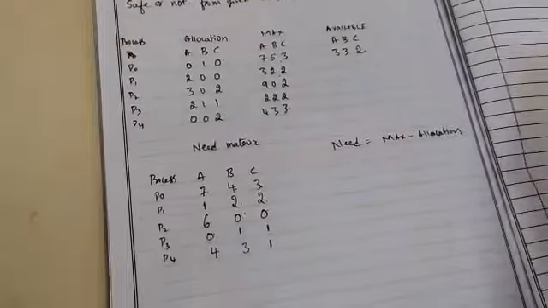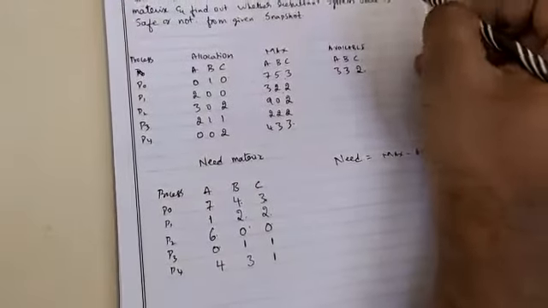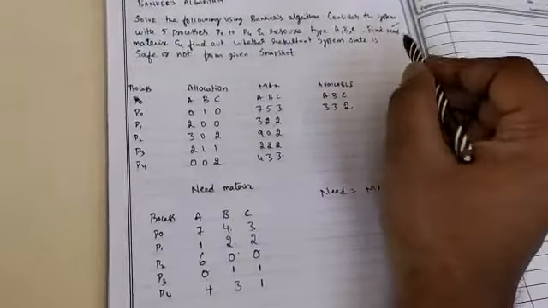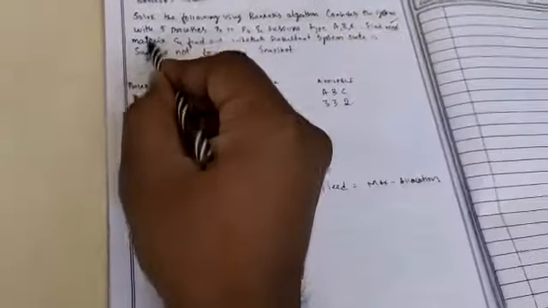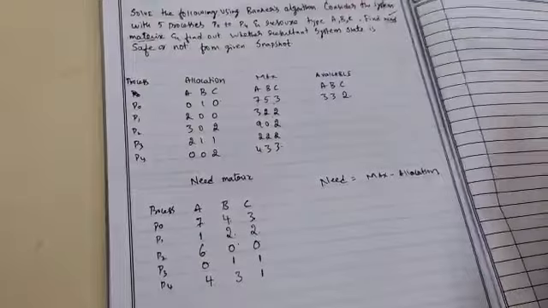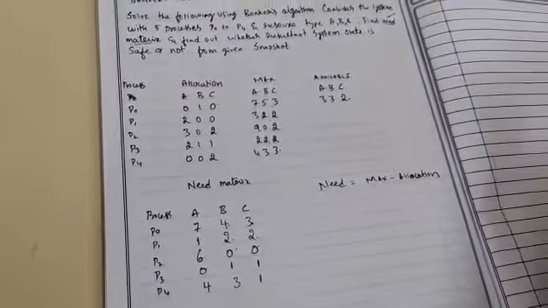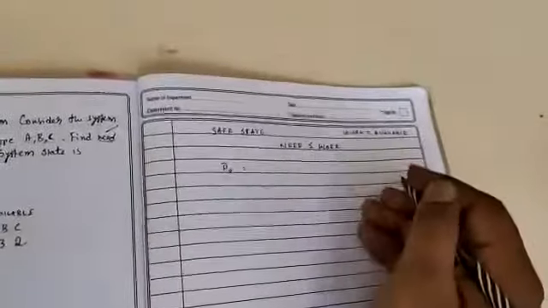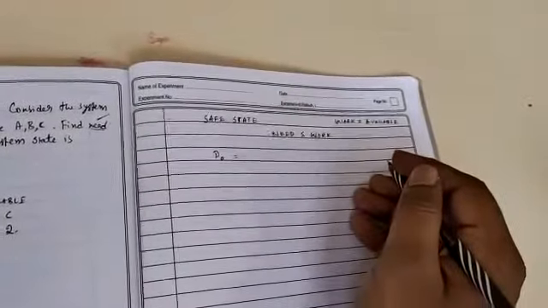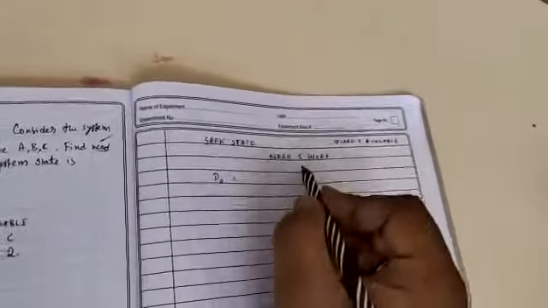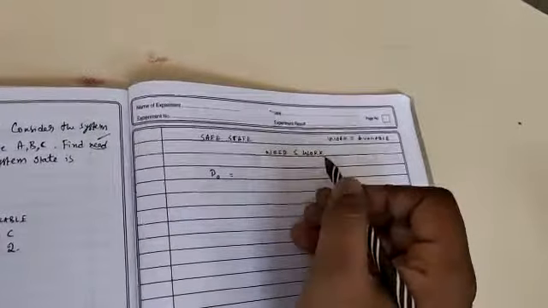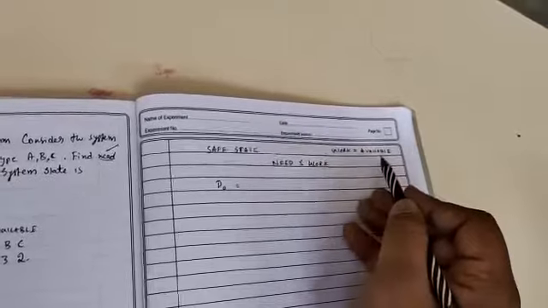So finding the need matrix is done. Next we need to find out whether the system is in a safe state or not, using the safety algorithm. The condition is need less than or equal to work, where work is also called available.